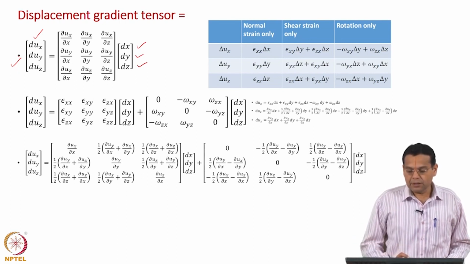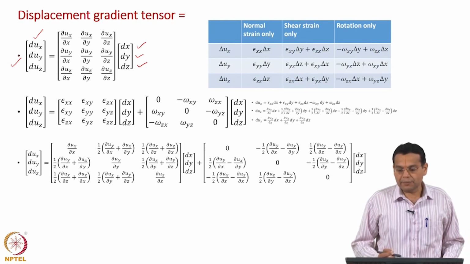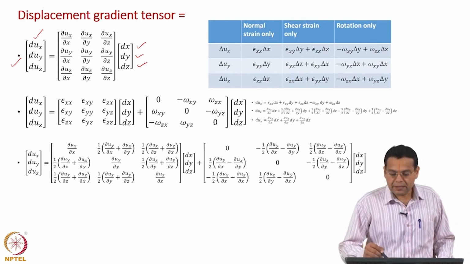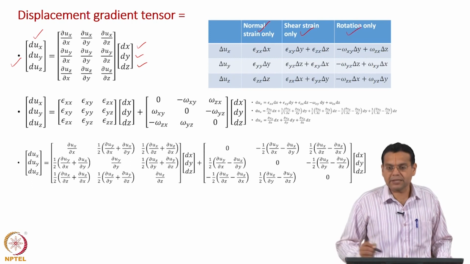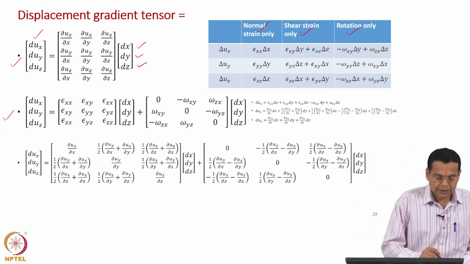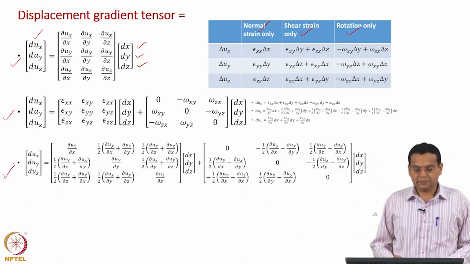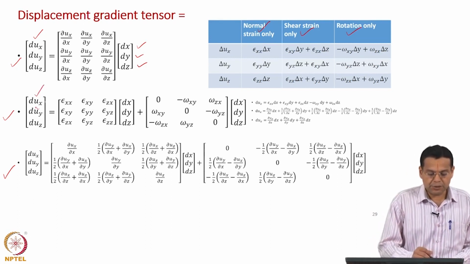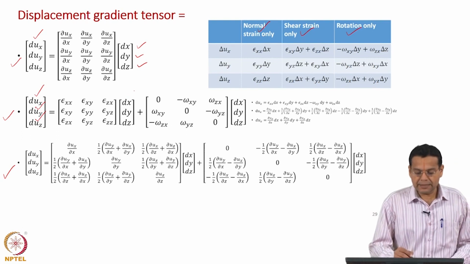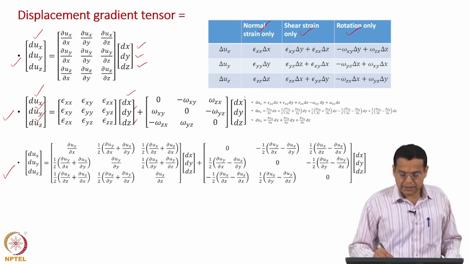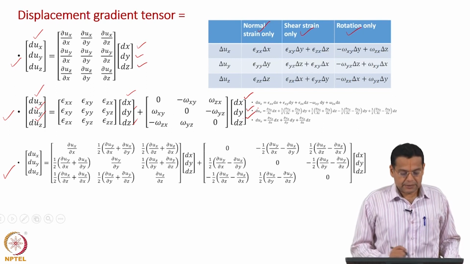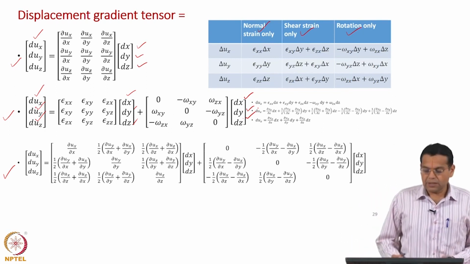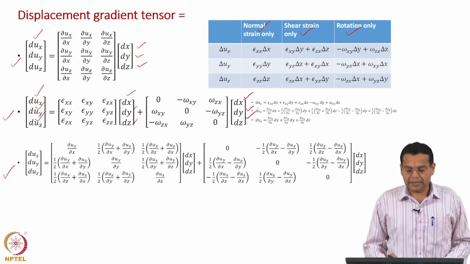The second was more analytical, more geometrical, where we considered the difference in displacement due to normal strain, shear strain, and rotation only, and wrote these two equations. These two expressions are also relationships between dux, duy, duz and dx, dy, dz, written in a geometrical way.